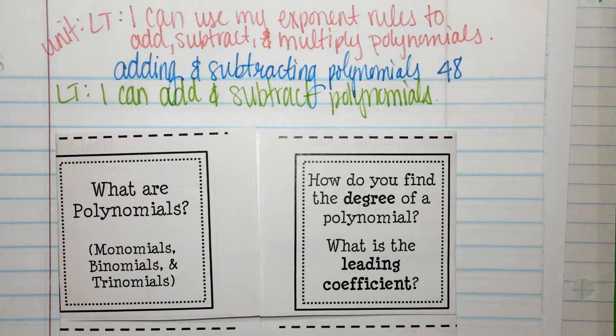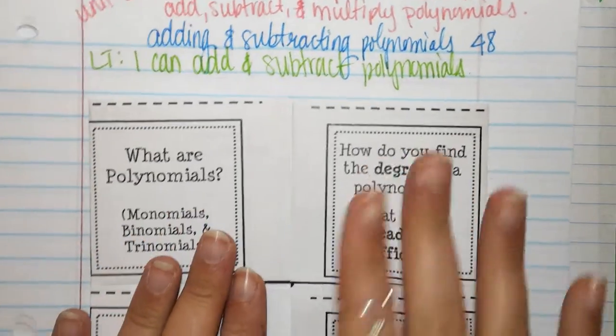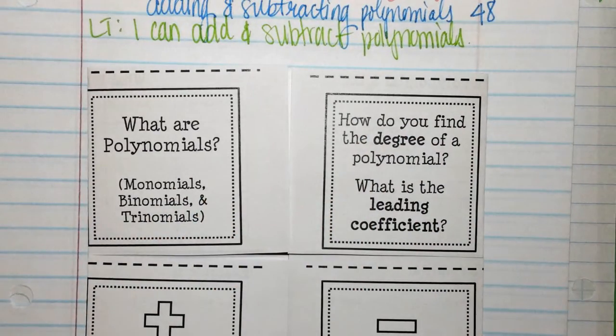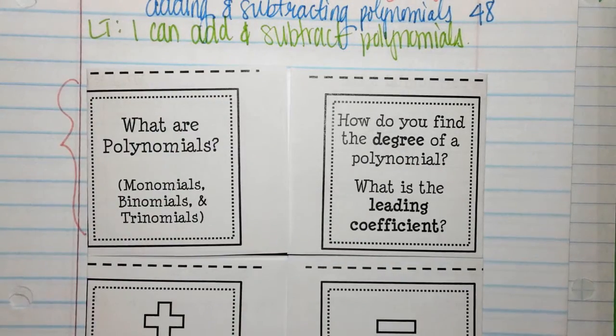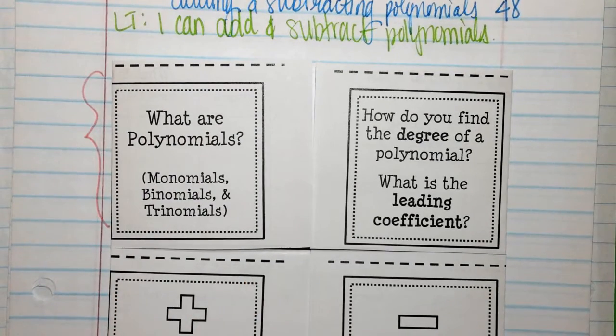Symbol. Like addition. What are those called though? Terms. Okay, so terms are separated by plus or minus signs. Yes. Symbol. In math, we know what symbols are. So today, the first thing that we're going to do is figure out our type of polynomials.